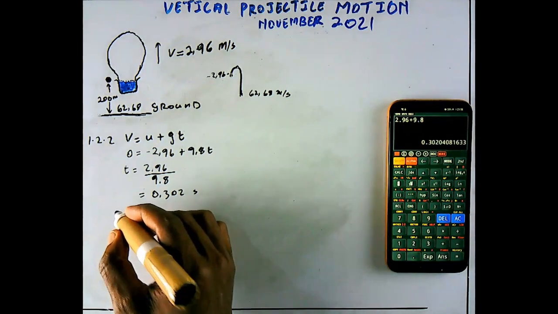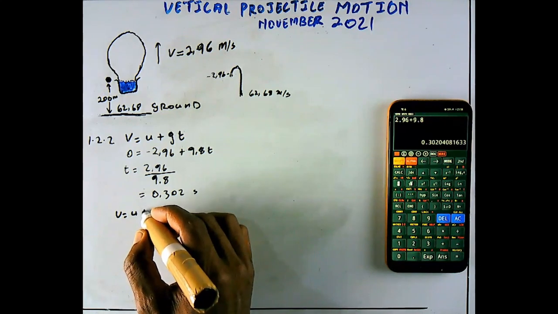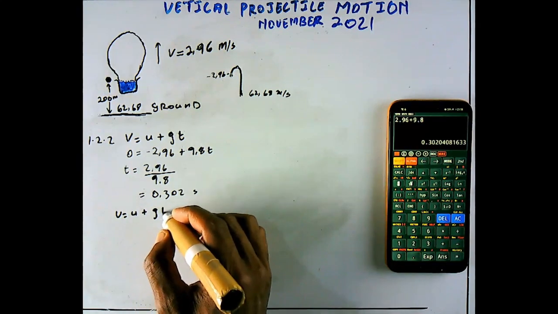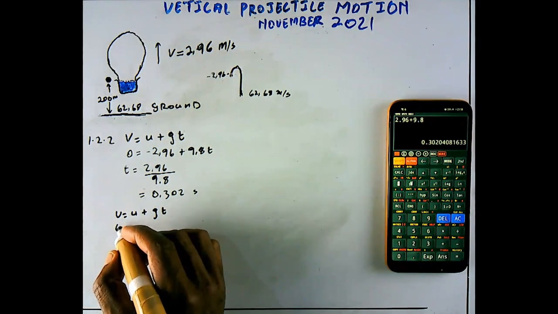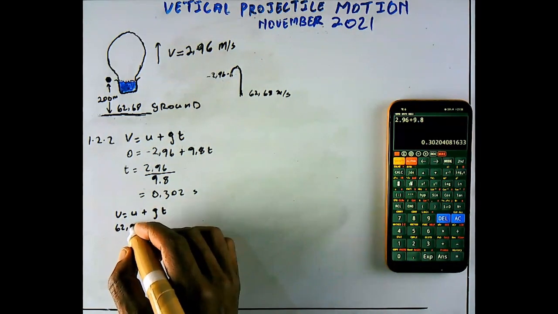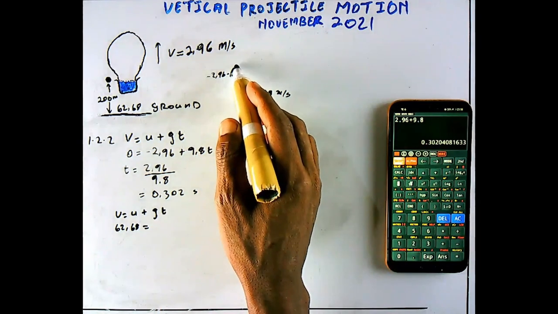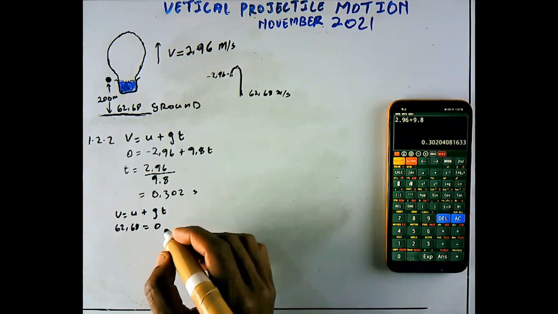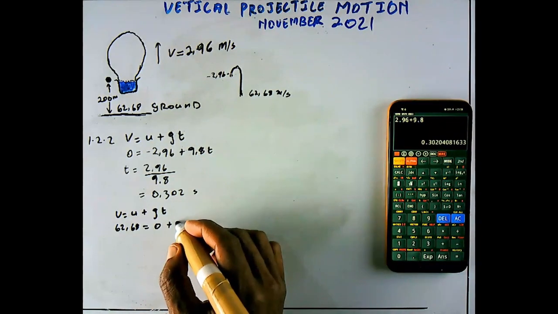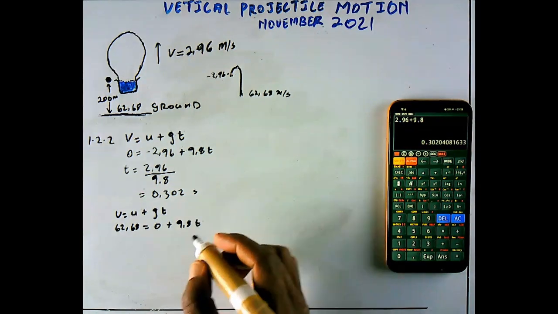So same formula, V equals U plus G T. And then the final velocity now is 62.68, equal to the initial velocity, which is 0 because here it had stopped, plus 9.8 t.